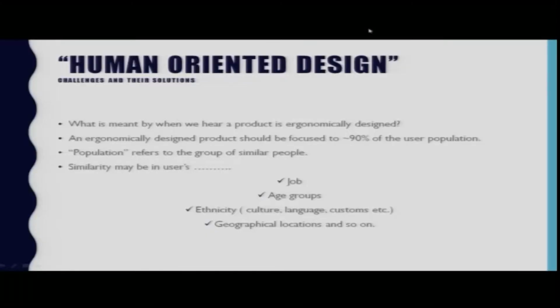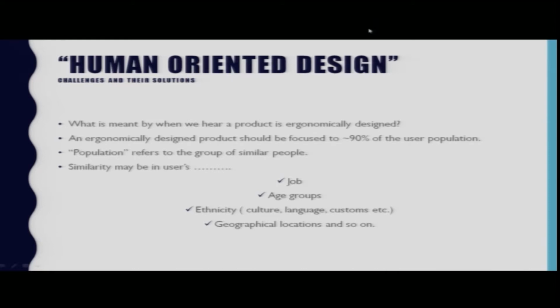Now, as far as the introduction goes, what are the challenges and possible solutions of a human oriented design? The question that comes to mind is, what is meant when we hear that a product is ergonomically designed? An ergonomically designed product should be focused on 90% of the users.